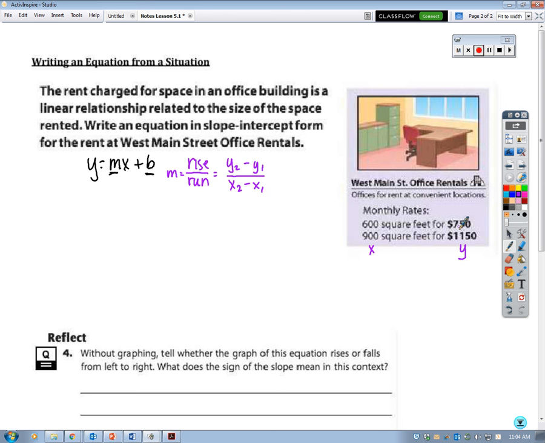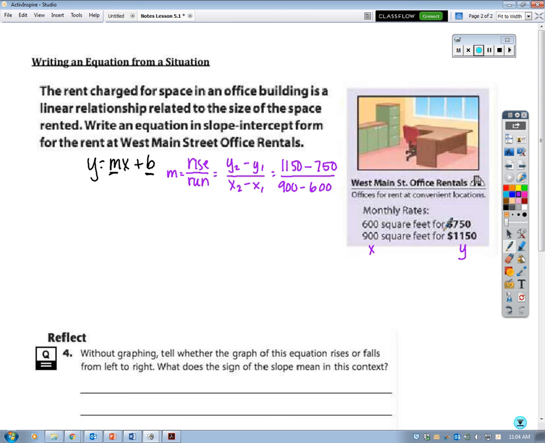So our second y value here is 1,150 minus our first y value, which is 750. And we're going to put that over our x values. So 900 minus 600. What that's saying is that I'm trying to find the difference here.